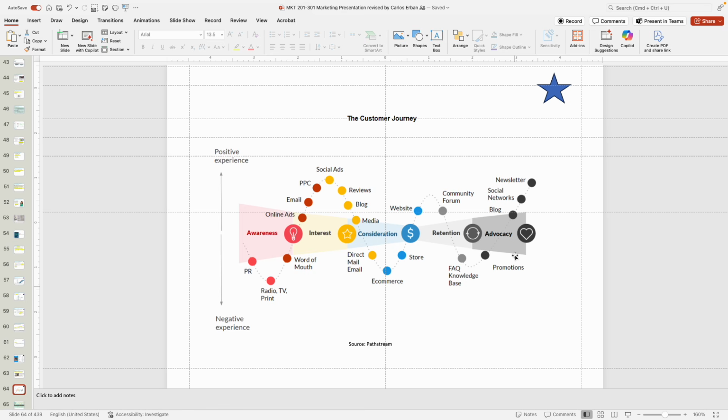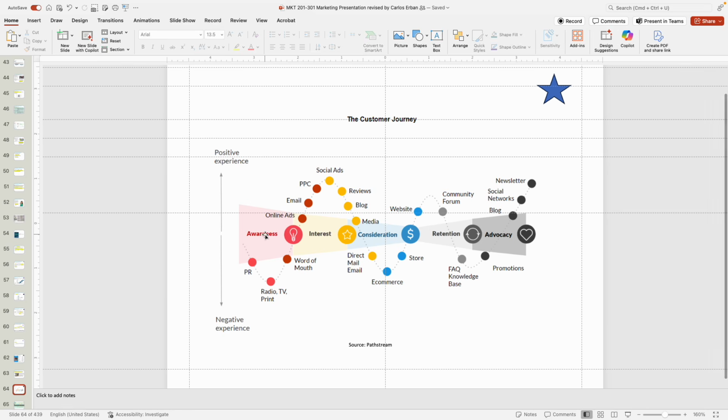So this is the marketing funnel. The difference between the marketing funnel and the customer journey is that the customer journey is the different actions, touch points, behaviors that you take through the marketing funnel. So here we have, let's say, you saw some ad. If you ignored it completely, maybe you were just indifferent.